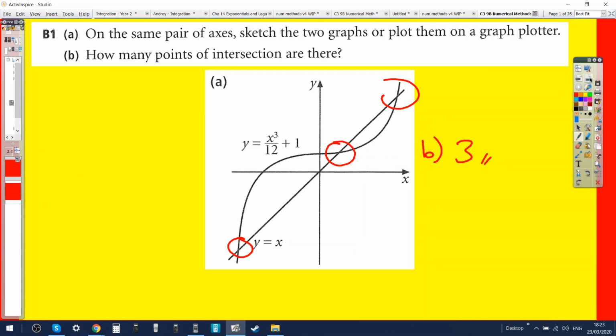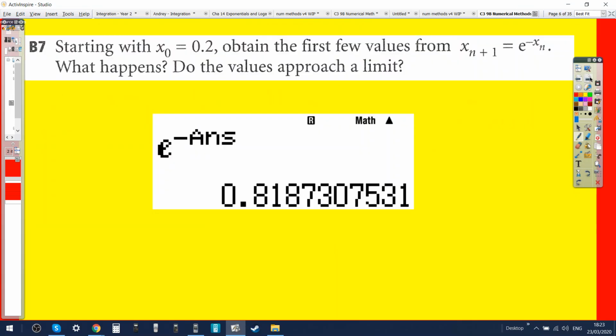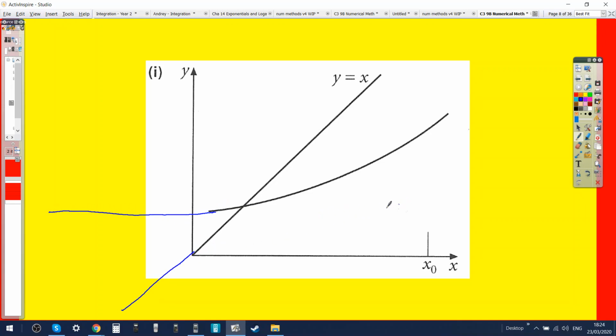Hold on a sec. This is one staircase. So if we use this x0, that creates a staircase. What if we did an x0 that's kind of down here?